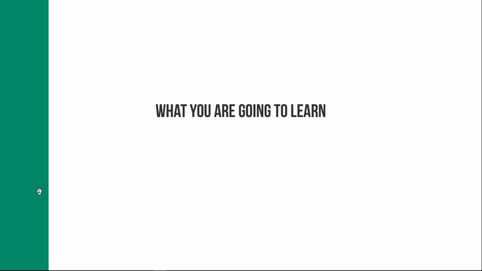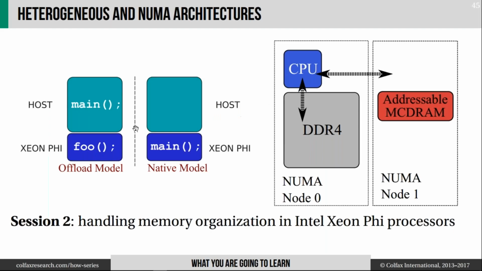And we are going to move towards learning these practices in the following 9 sessions. In session 2, we will talk about everything Xeon Phi. So we will discuss heterogeneous architectures and also NUMA architectures from the point of view of how to program in such a way that your application runs on a coprocessor, in high bandwidth memory of Xeon Phi, and so on.